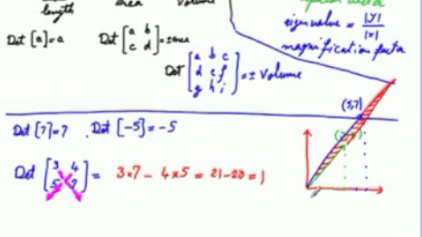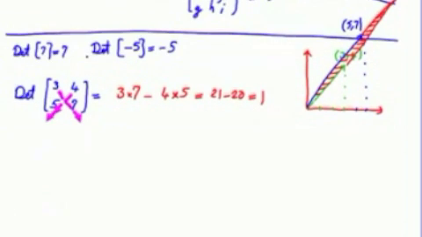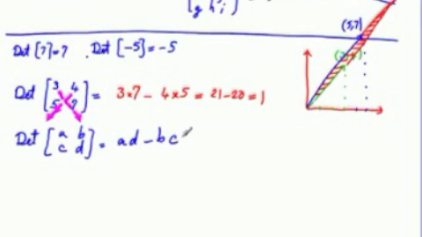If these are the two edges of a parallelogram, I go and complete that parallelogram, the area of it is going to turn out to be 1. Or if I had made 3, 5 and 4, 7, again the area turns out to be 1. So to make it short, if I have this square matrix, its determinant is going to be AD minus BC.